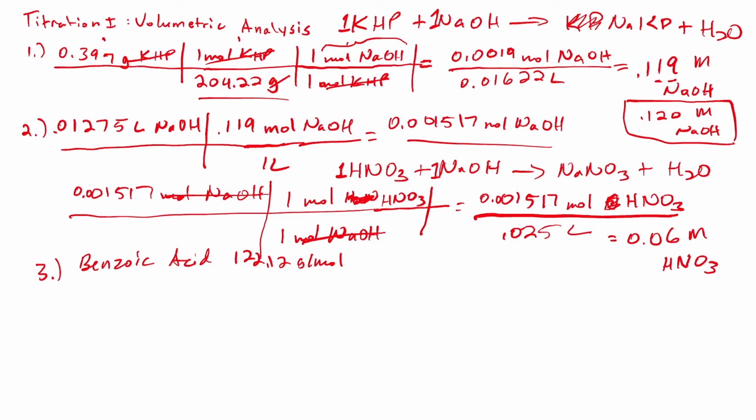So you start out by determining the number of moles. So the first thing to do is to, on the fly, convert the 20.15 mils to what? Liters, exactly. So that's 0.0215 liters of NaOH.